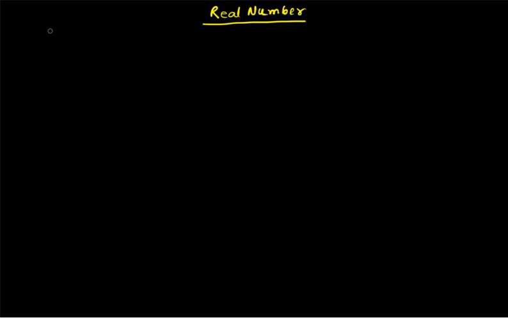So what is the definition of a real number? You will find so many definitions of real number, but please try to remember this one, because in grade 11 this definition will help you. A number whose square is non-negative is called a real number.